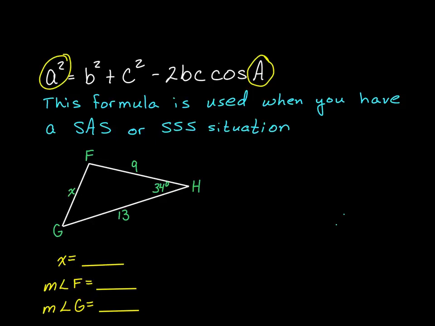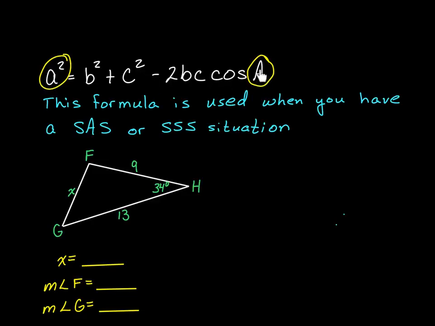Now, one of the important things to recognize in this is the relationship between this angle and this side. The angle that you are using is going to be opposite of this side. And so these two things, your bookends, if you will, have to be opposite of each other.